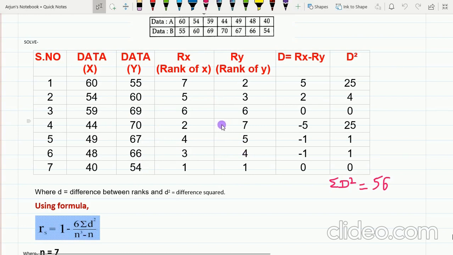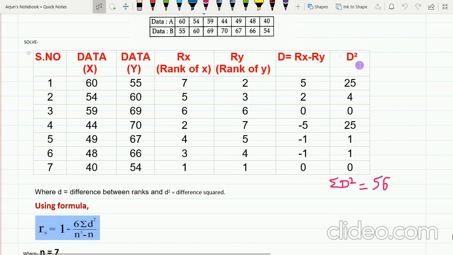Fine. Now we are going to calculate D. What is this D now? D is the difference between ranks, so the difference between Rx and Ry. Fine. 7 minus 2, 5. 5 minus 3, 2. 6 minus 6, 0. 2 minus 7, minus 5. 4 minus 5, minus 1. 3 minus 4, minus 1. 1 minus 1, 0.